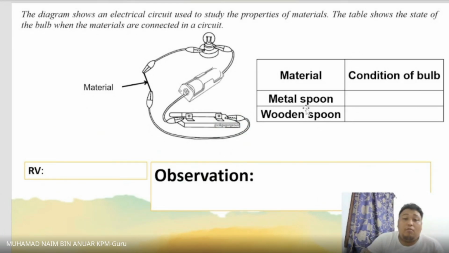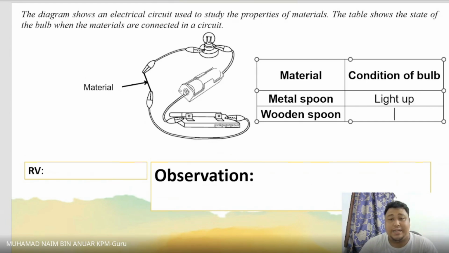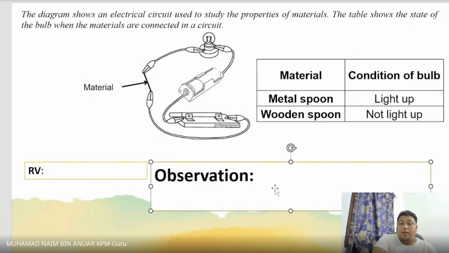Now, observation. What happened in the experiment? If you are using a metal spoon, we know already, the bulb will light up. Can you see the bulb light up? Yes, you can see that. With a wooden spoon, the bulb will not light up. Now, how do you write the observation for this?